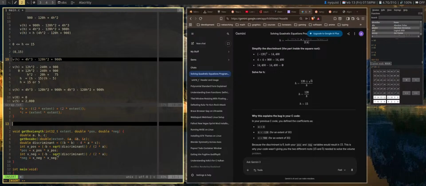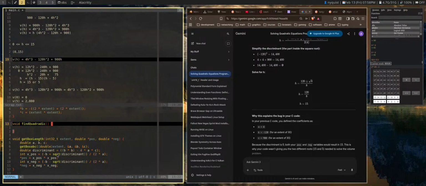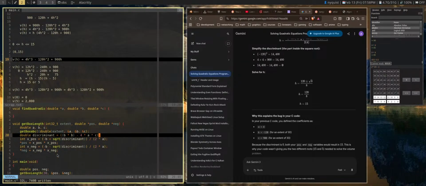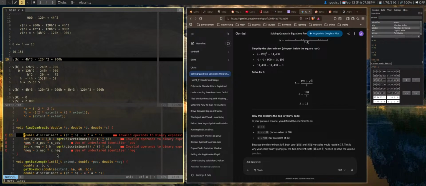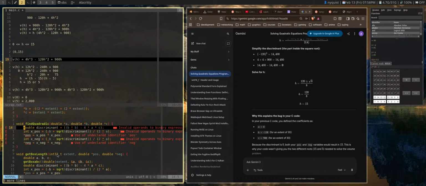Let's have a function for void find quadratic. So I don't have to rewrite this. And double A, double B, double C. And just kind of copy this and change it to the way it was.